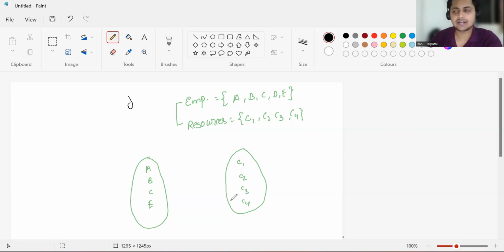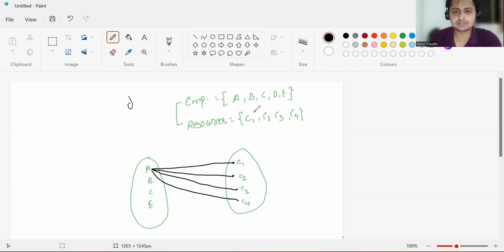For each table, we can give access. Like this is a person A. Let's suppose he has access to this table or resource, whatever you want to call it. Same for A, they have access to this table also, and to this system also.